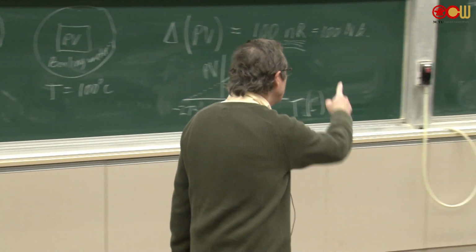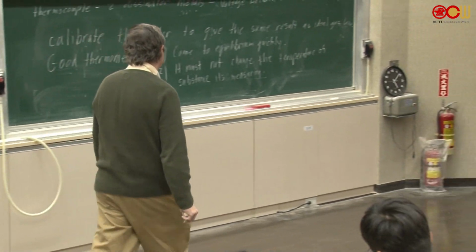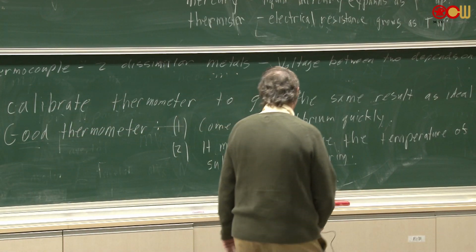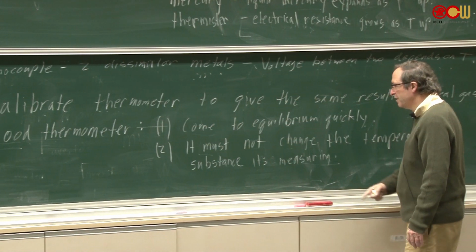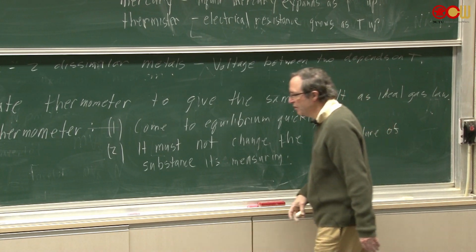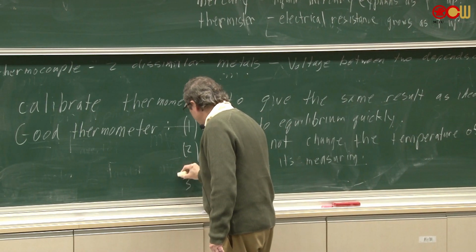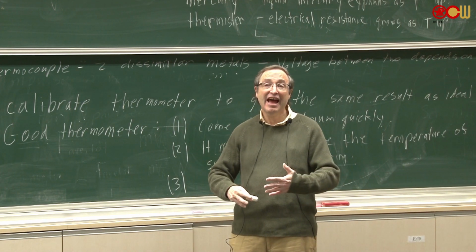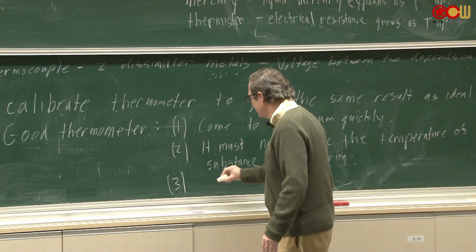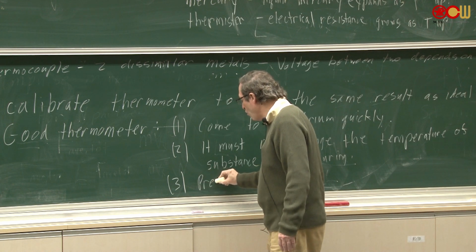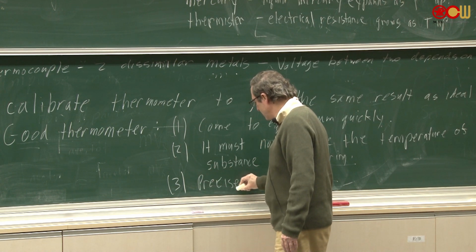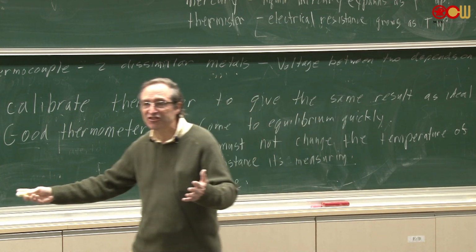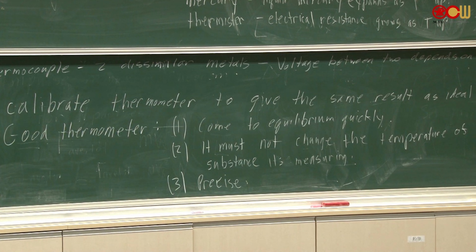So those two are some of the key ideas: it comes to equilibrium quickly, and it must not change the temperature. And the third is it has to be precise, and it has to work over some range. Some property has to change significantly.